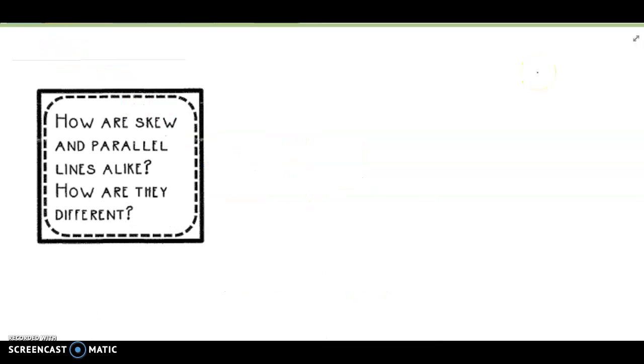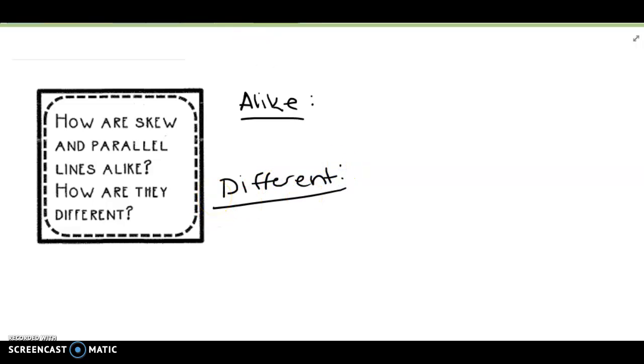All right, guys, here in a minute, I'm going to show you how to glue this in, but we're going to glue this in on the same page as the other foldable, but kind of a little bit down below it where you have extra room. And then we're just going to write on the outside how they are alike and how they are different. Okay, so we're talking about skew and parallel lines. Skew and parallel lines are alike because they never intersect.